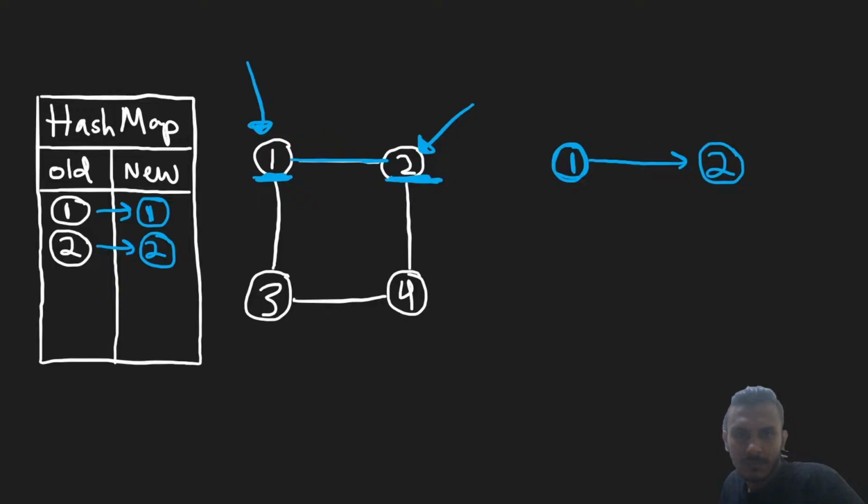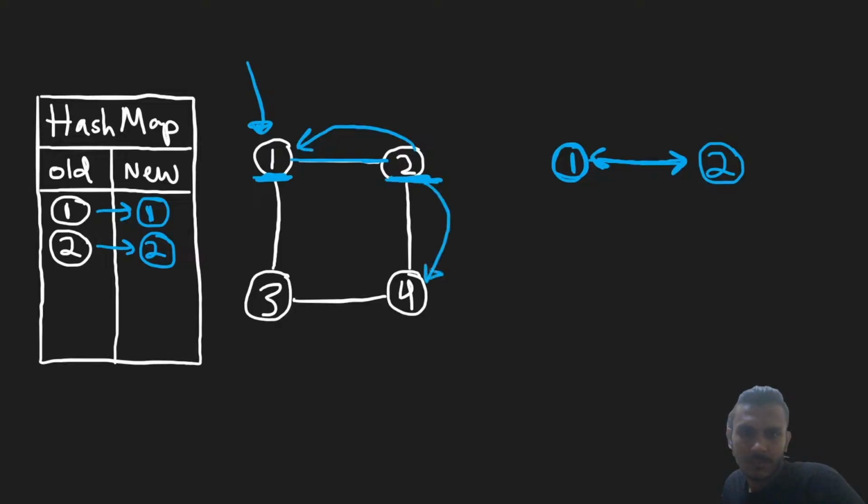So we're going to try to clone 1, but we're going to see in our hash map, look, we already ended up cloning 1. So basically now we can add this edge, that 2 is connected to 1, that 2 has a neighbor that happens to be 1. And the reason I'm doing that is because we know this edge is going to be undirected. It goes both ways. So that's what I'm trying to do here. So now we know that 2 is connected to 1.